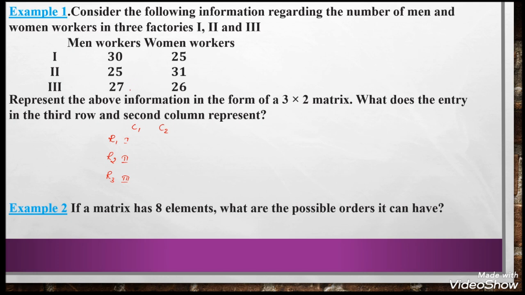The number of men workers in each factory is taken as column 1, that is 30, 25, 27. The second column is women workers: 25, 31, 26.